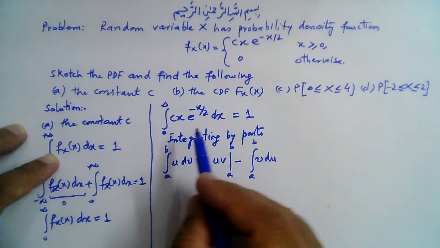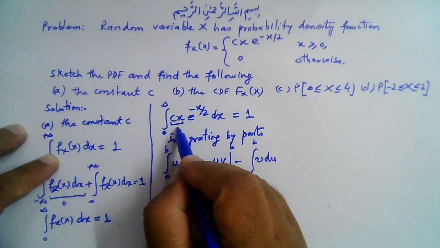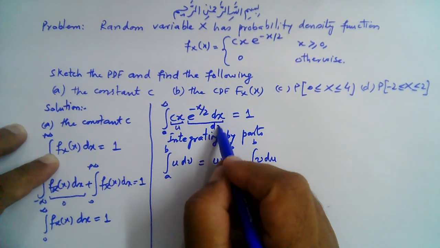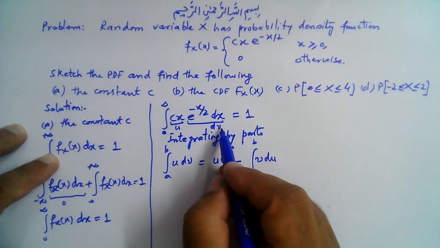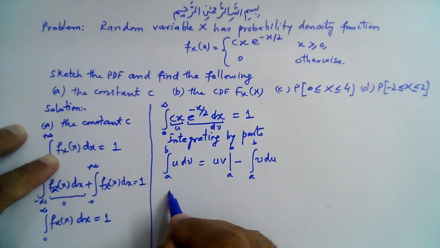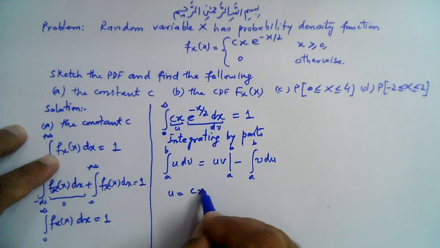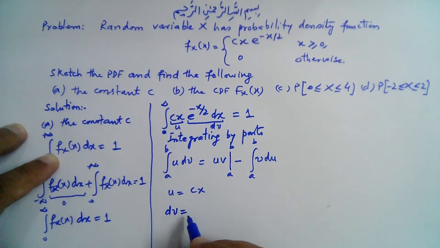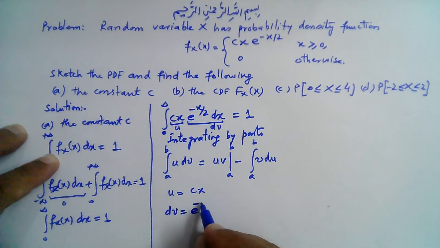So here we can assume this to be u and this to be dv. So u dv, so this is u, this is dv. So u is equal to cx, right? And dv is equal to e raised power minus x over 2 dx.